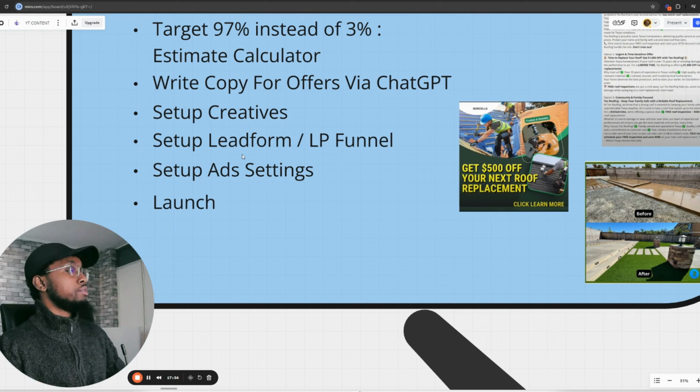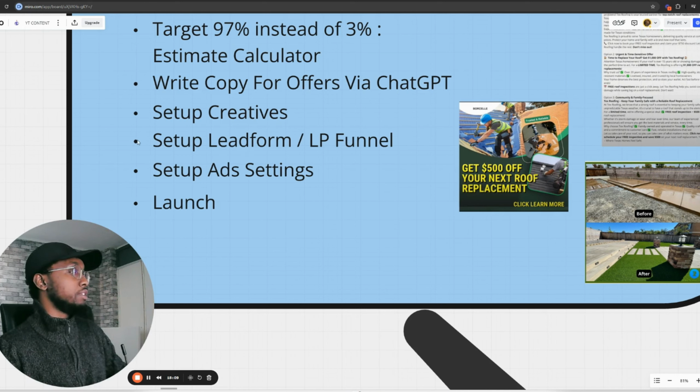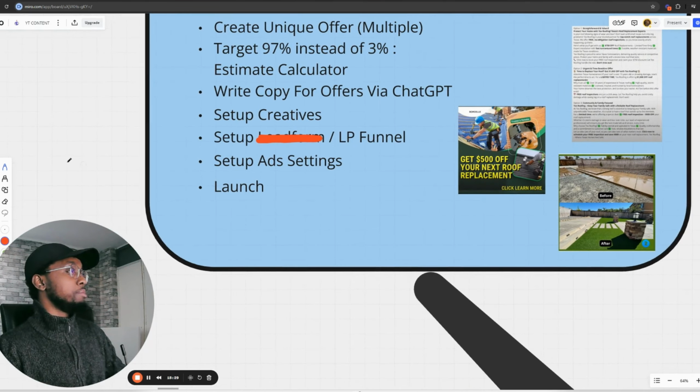Okay, so you can either do those two combined, or if you want to increase the quality of the leads but decrease the quantity, then just scratch the whole lead form and just do the landing page funnel. Okay, what that's going to do is you're not going to have the amount of leads. So you might think, okay, I'm not getting many leads, but the benefit is that those leads are of high quality. So don't be mistaken by that.